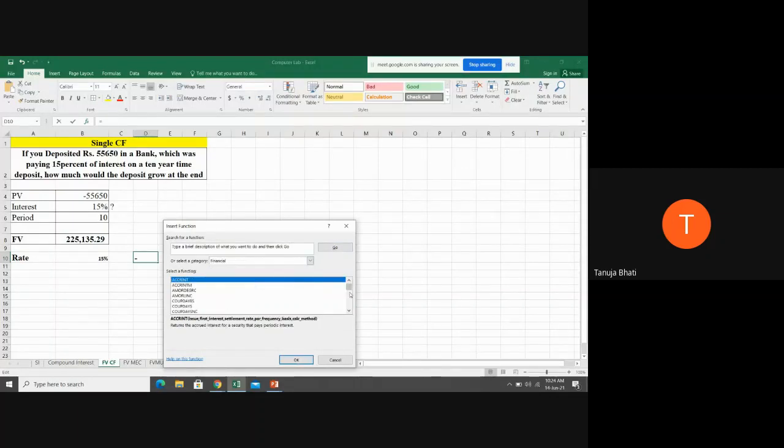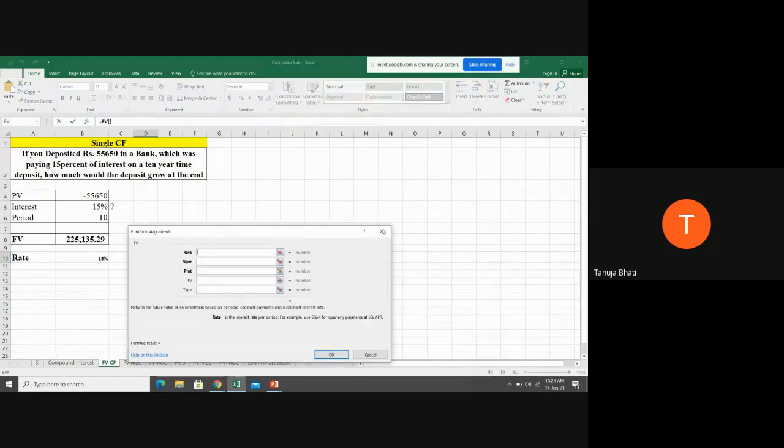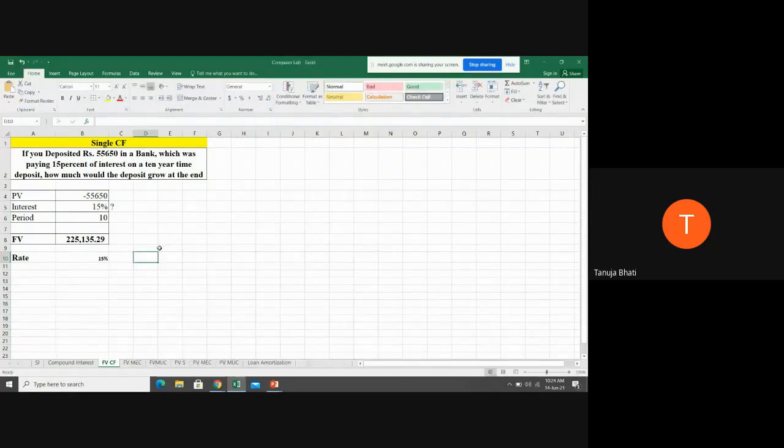In the financial category, search for future value. Here you get FV. Just click on that and click on OK. So you directly get the FV formula, or you can type equals to FV. Both methods are okay. Both will land up on the same platform.